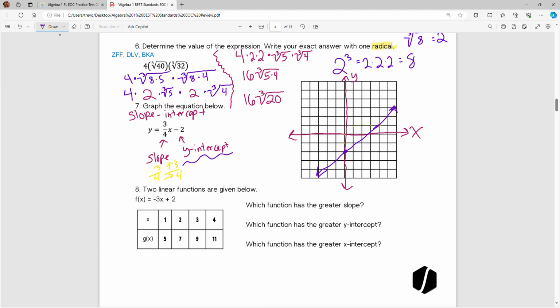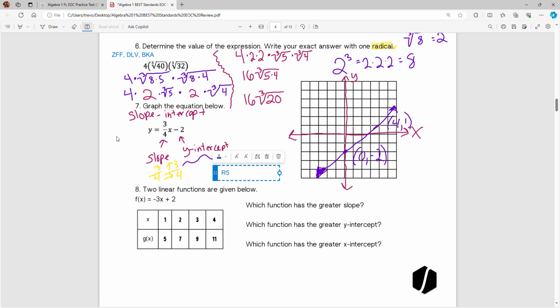Sorry if my line is made out of Jell-O, but that should be a straight line for a linear equation with a point here at x is 0, y is -2, and a point here at x is 4, and y is +1.